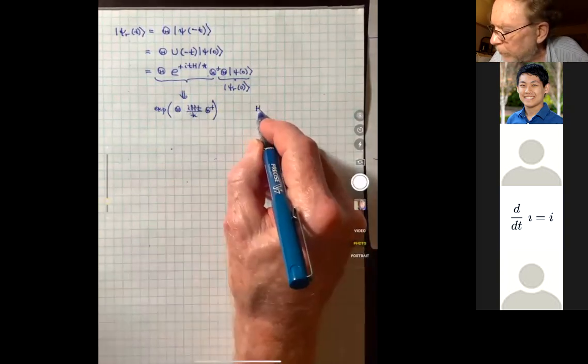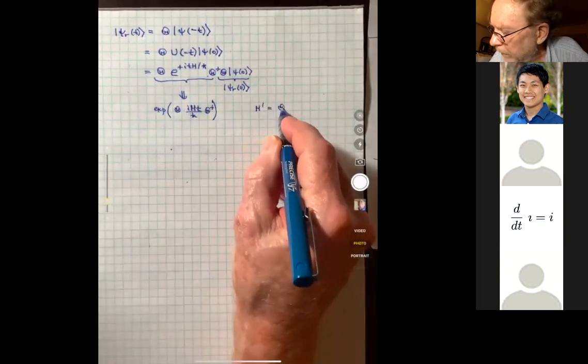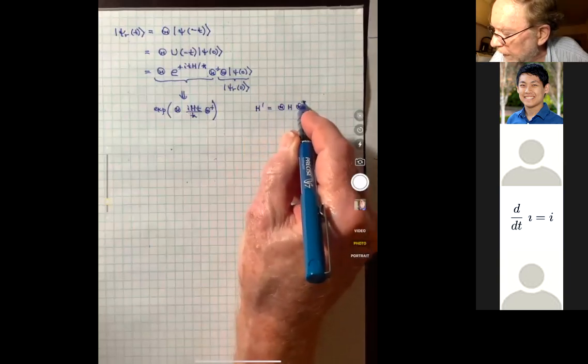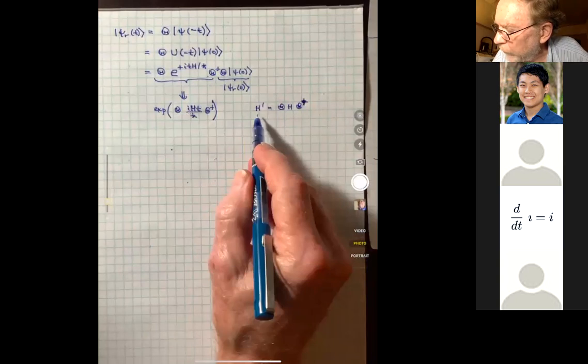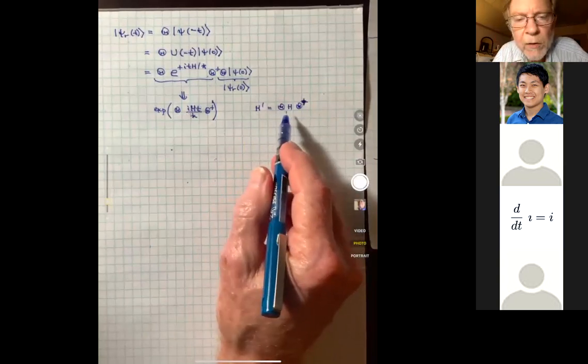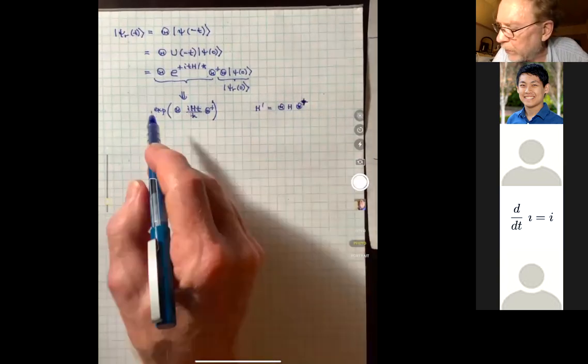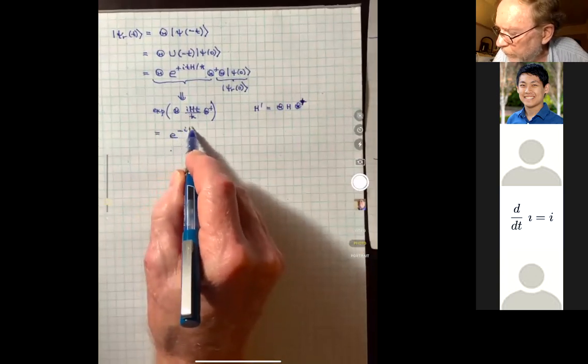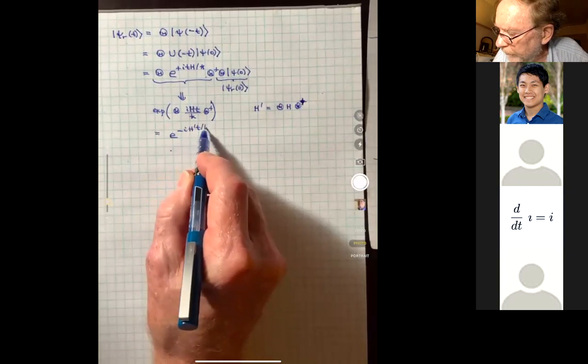Let's define H prime to be equal to theta times H times theta dagger. We can call this the time reversed Hamiltonian. That's what's appearing up here. So this thing then becomes equal to e to the minus i H prime t over h bar.